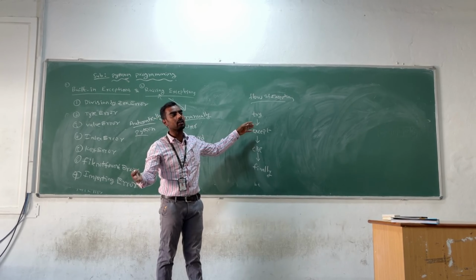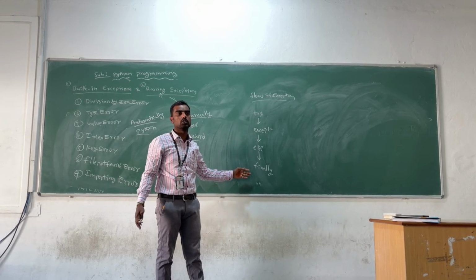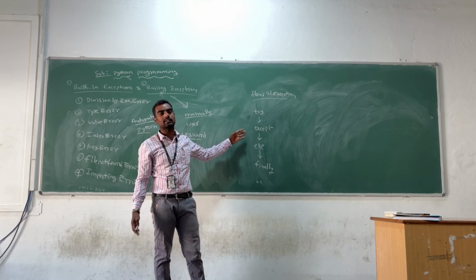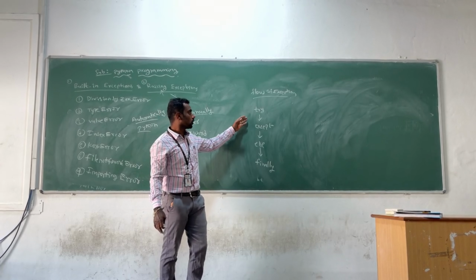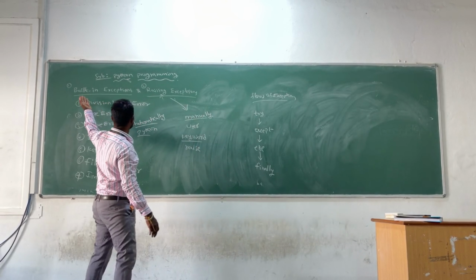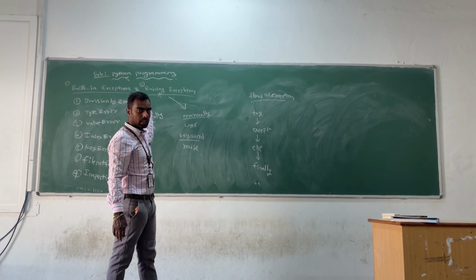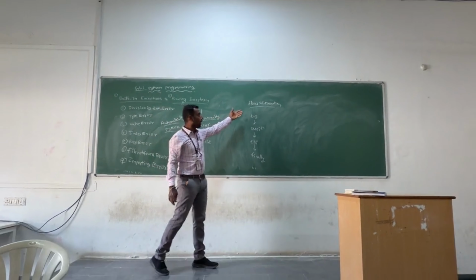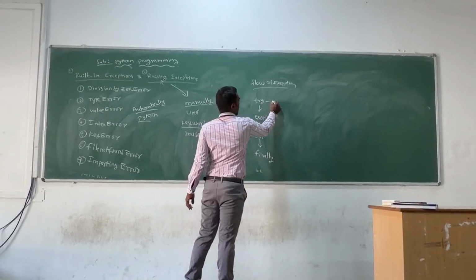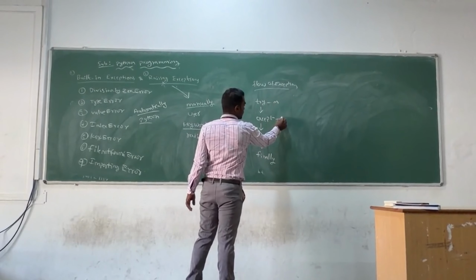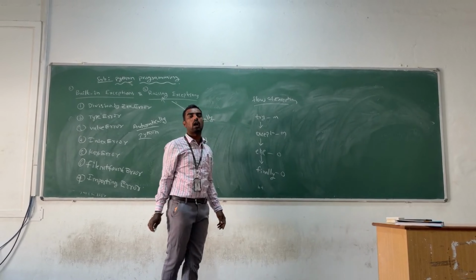Any error can be handled by these four keywords, whether it is a built-in exception or a raising exception. Here try is a mandatory block and except is also a mandatory block. Else is optional and finally is optional.